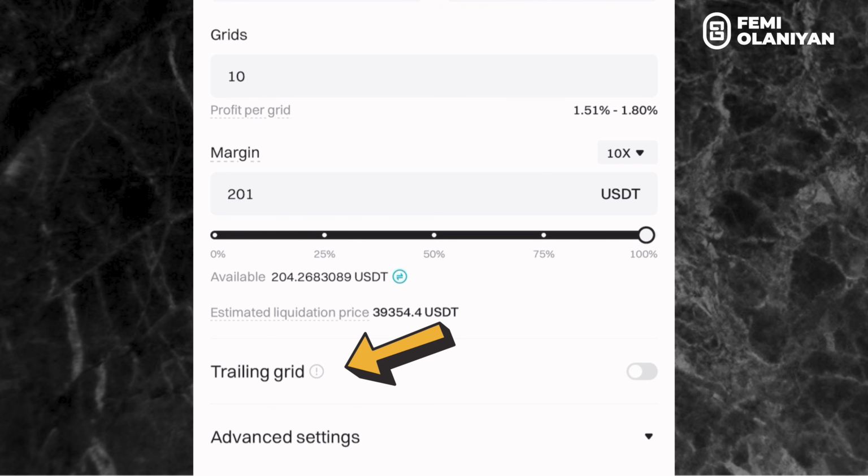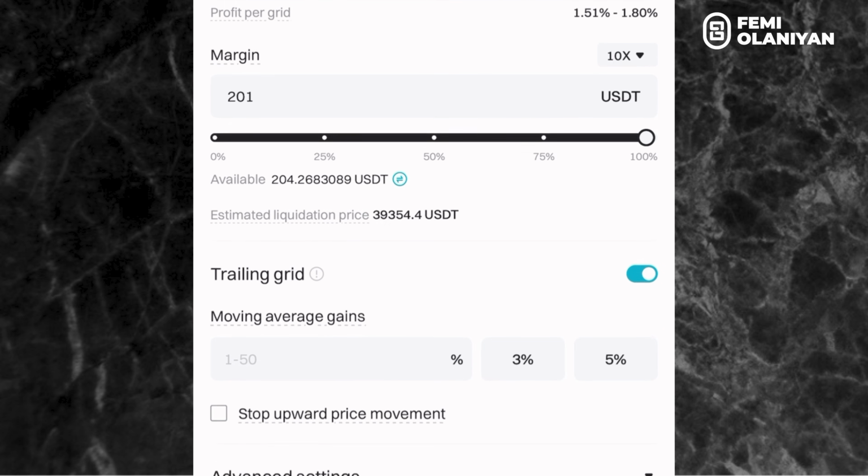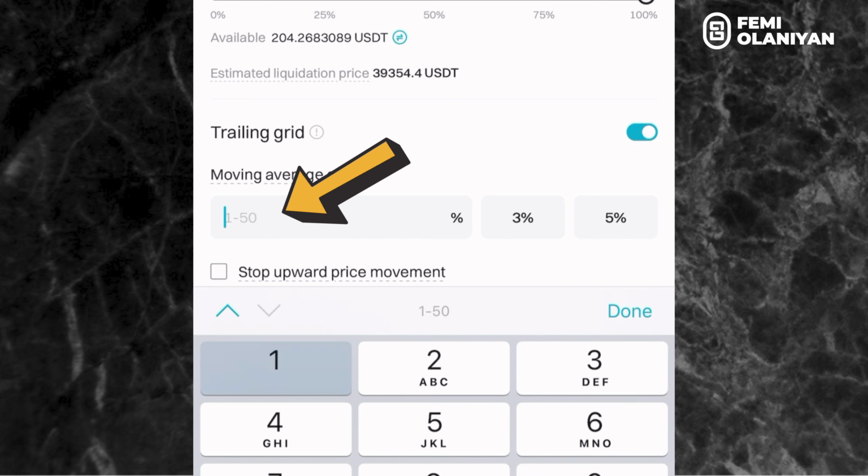Now, the next thing you'll be seeing is this trailing grid. For this trailing grid, I will advise that you leave it, but I will explain what it means so you can just know. If you turn on this toggle button right here, it will show you these percentages that you can pick. So you just pick a percentage. Let's say I put 1% right here.